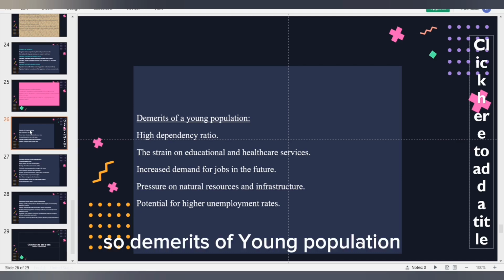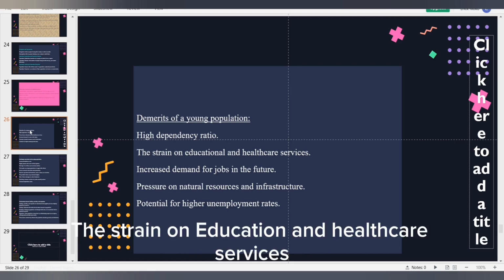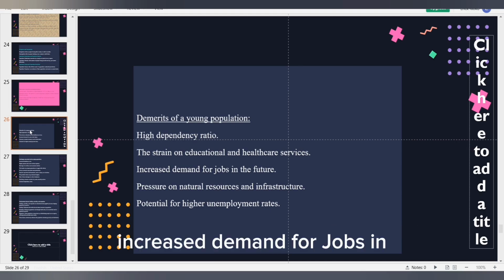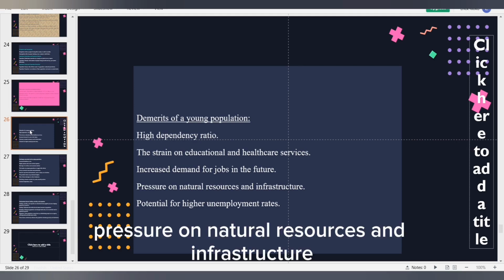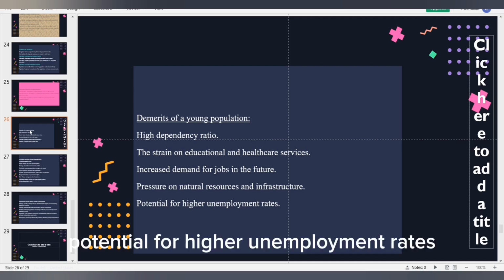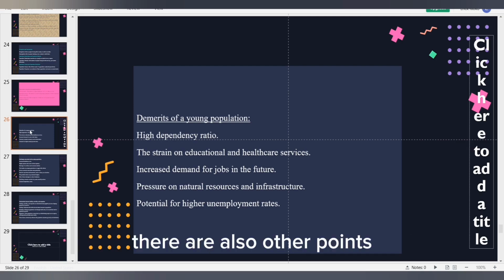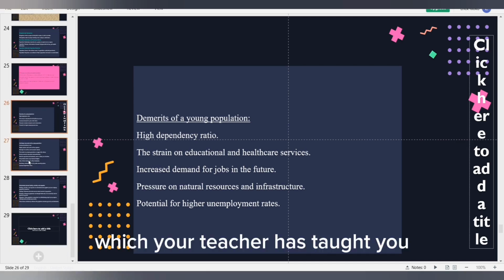So demerits of a young population: high dependency ratio, strain on education and healthcare services, increased demand for jobs in the future, pressure on natural resources and infrastructure, potential for higher unemployment rates. There are also other points which your teacher has told you.